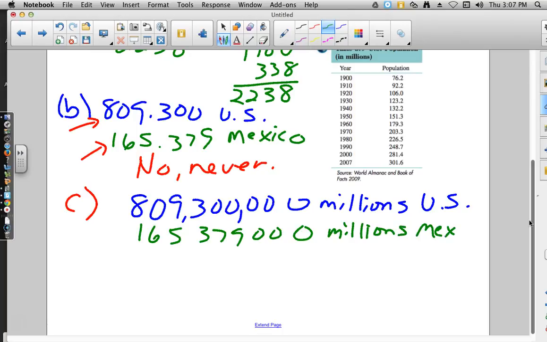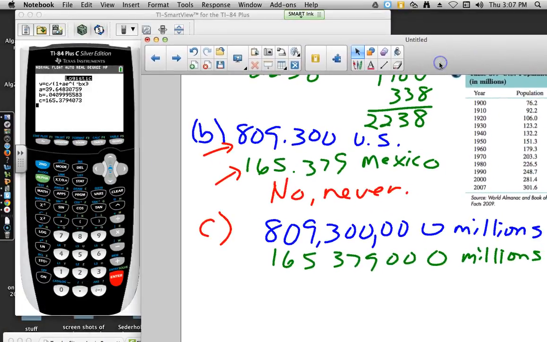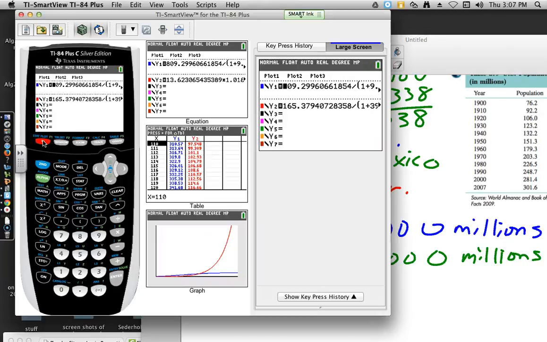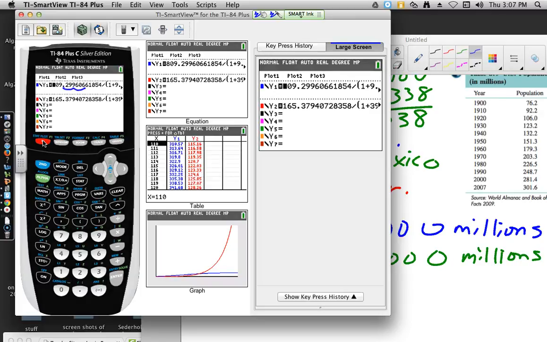Now, if this is on the AP exam, we probably want to go back and get into Y equals so that we can see exactly what it was and really impress them with moving those decimals over and talking about those millions, just coming up here and saying, all right, well, there's 3 decimal places, there's another 3. So 809,299,600 and looks like approximately 7 million people.